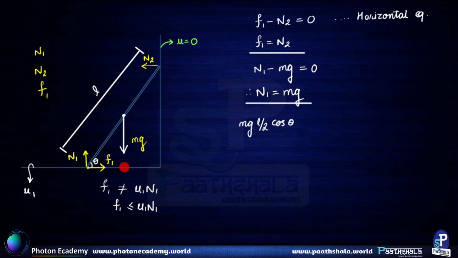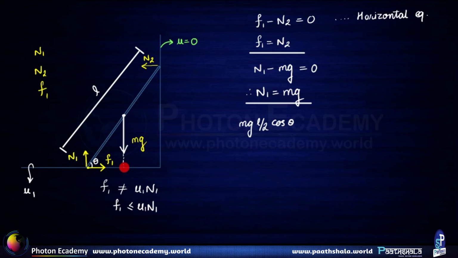Now this much is going to be L by 2 cos theta. If we extend this line and consider this triangle, then this much amount is going to be L by 2 cos theta. So force into perpendicular distance is going to be the torque. So mg into L by 2 cos theta is the torque essentially. So this happens to be the clockwise torque.